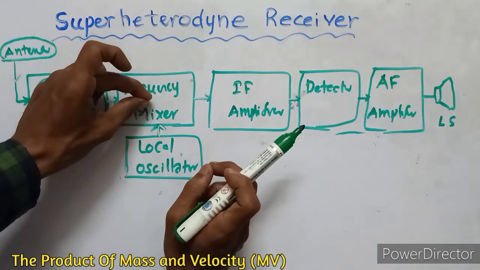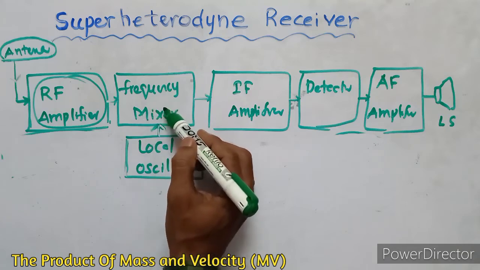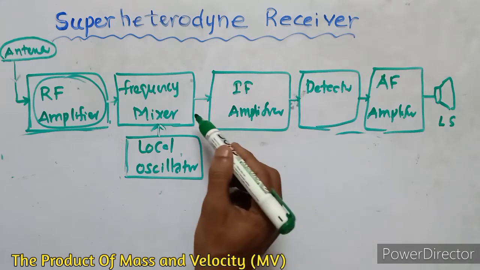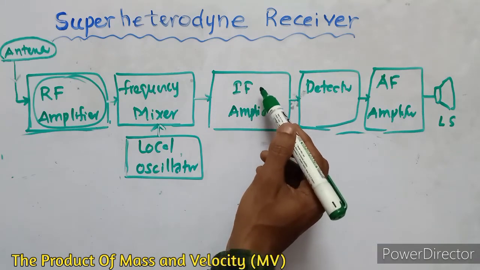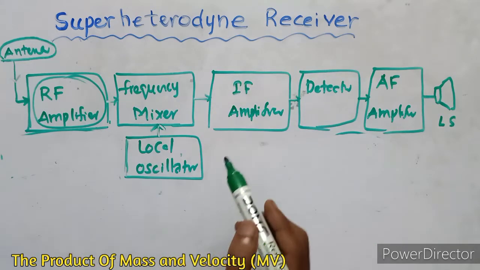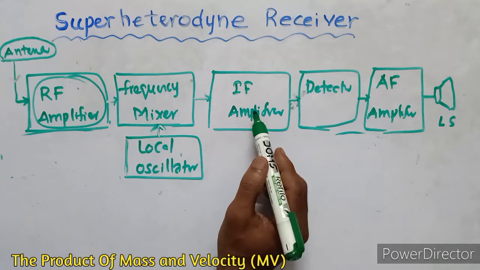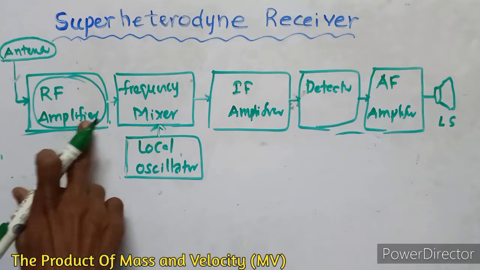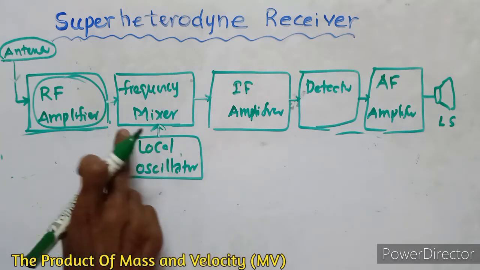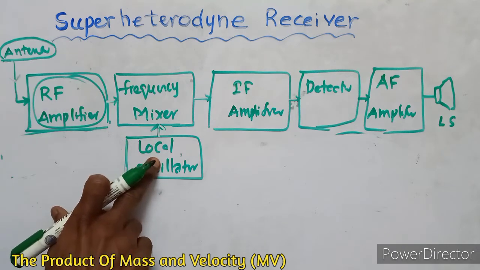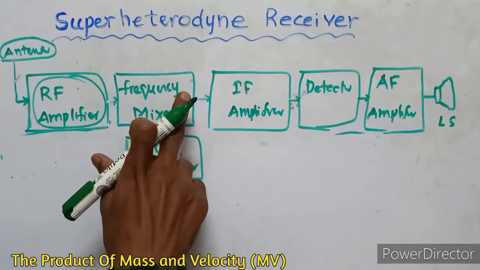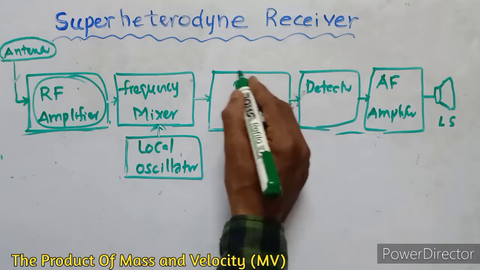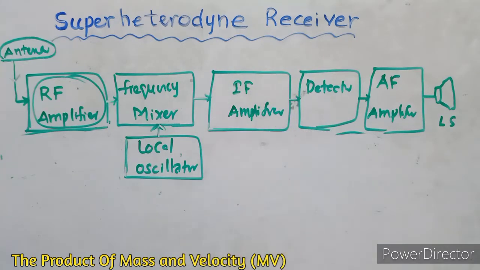Here both are mixing, so the mixing is producing a new frequency, and that is called the intermediate frequency.